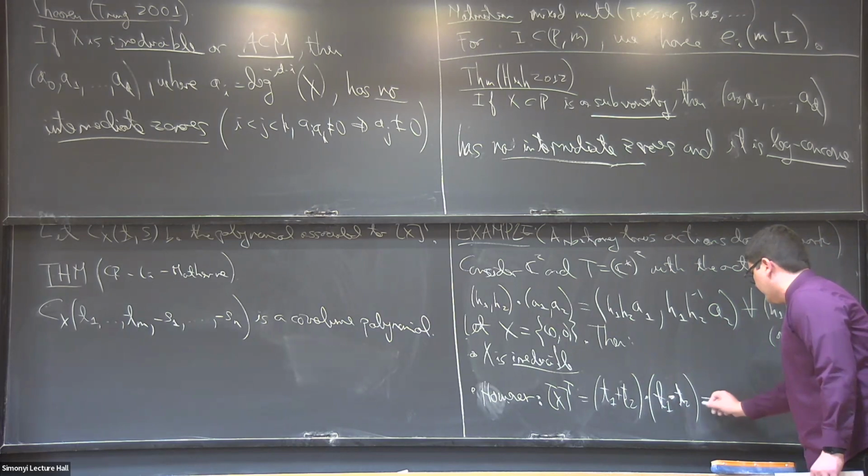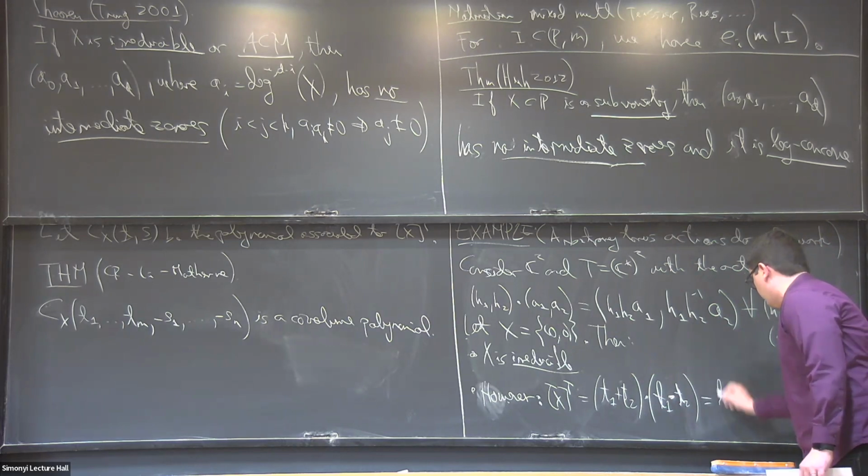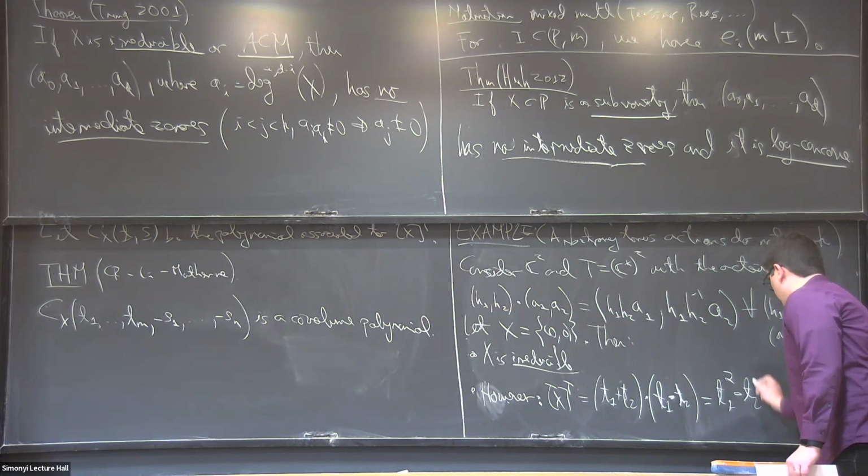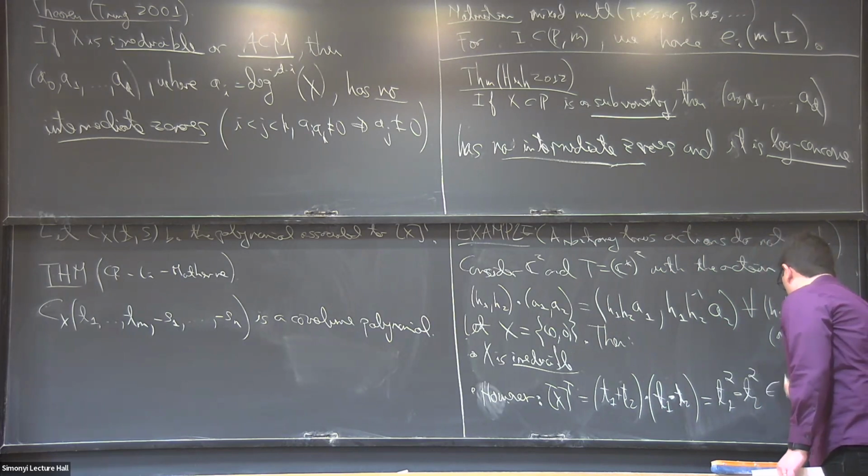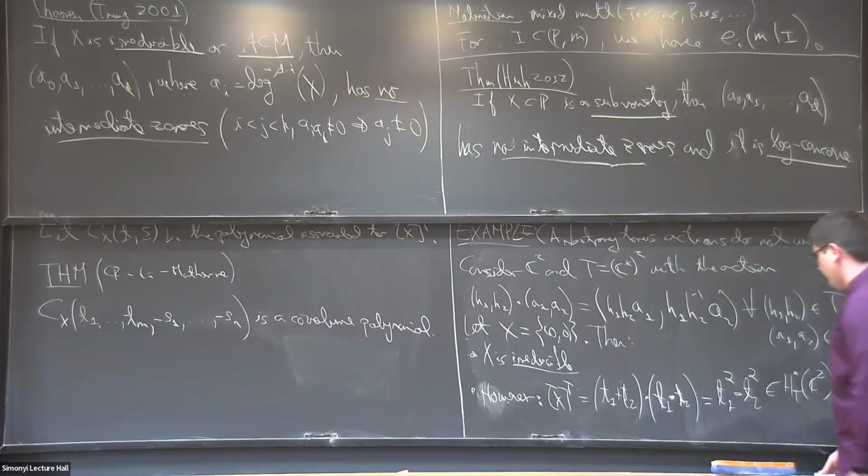And this will be equal to t1² − t2². But this polynomial has no SMP, and it's not convex.